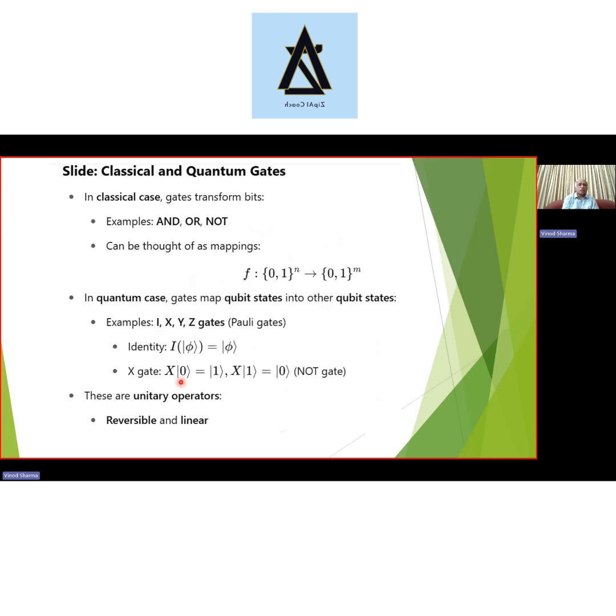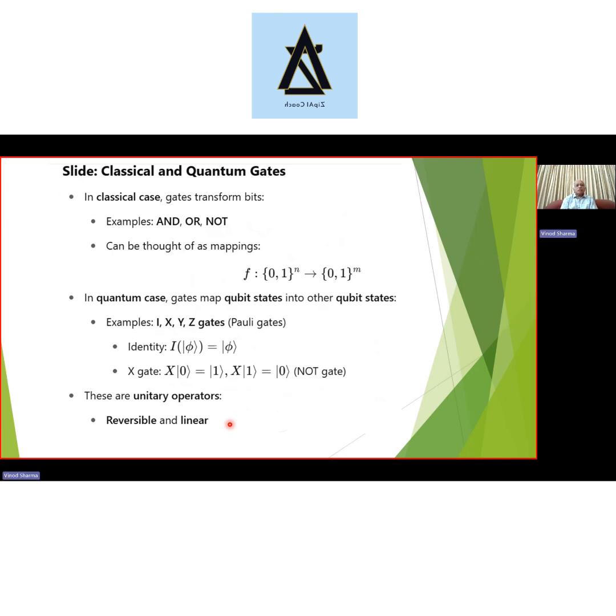That's why these are represented differently. In the quantum case, the X gate represents the NOT gate, because NOT takes 1 to 0 and 0 to 1. Similarly, the quantum gate takes the 0 state to the 1 state and the 1 state to the 0 state. All these quantum gates that we have are unitary operators, which means that they are reversible and they are linear operators.